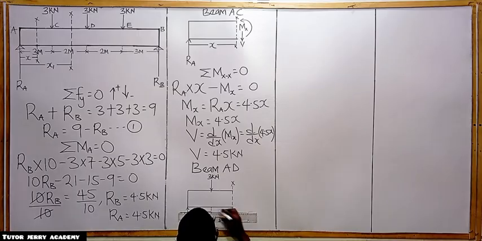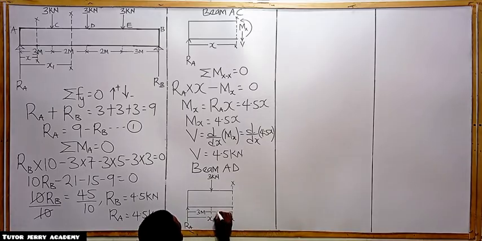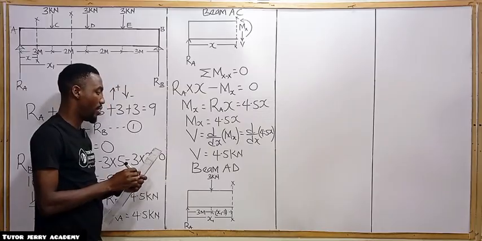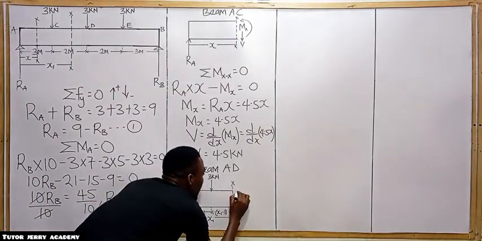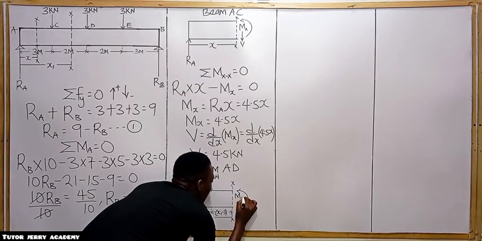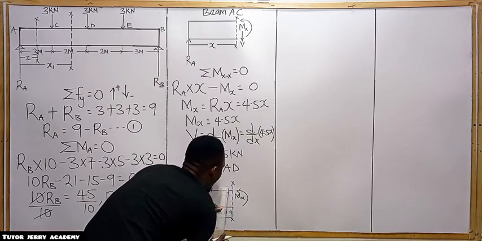So here we are going to have S1 minus 3. All right, take note of that. So that's what we are going to have. Now we are going to have moments again about S. I'm also going to have a shear force.